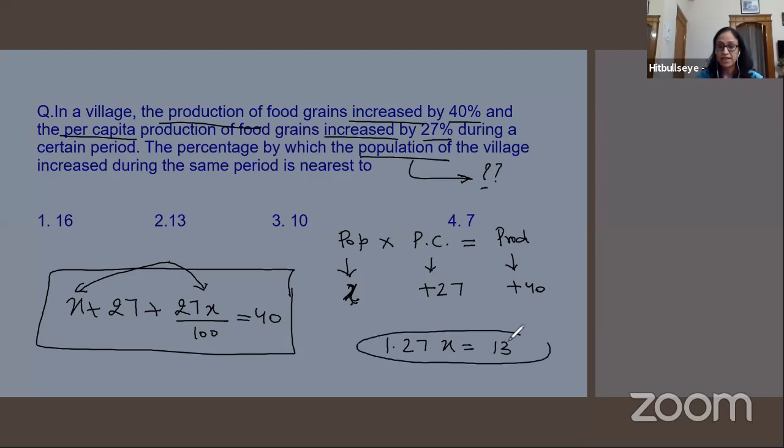Now here itself, you know your answer already, nearest to. Approximately the question is asking the answer. I know that 1.27 is going to be very close to, if I multiply it by 10, 12.7 is very close to 13. So the answer is 10. Everyone clear? So it will be slightly more than 10, but the question said nearest to. So the answer is 10.